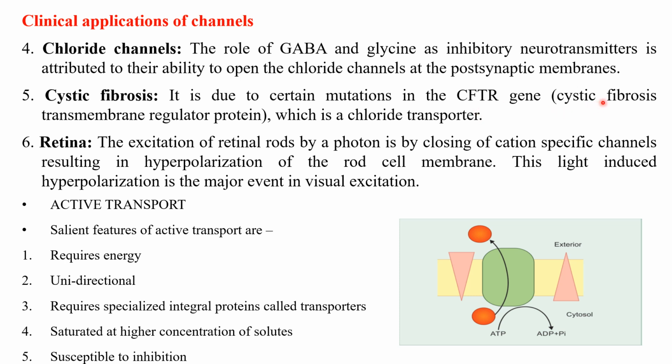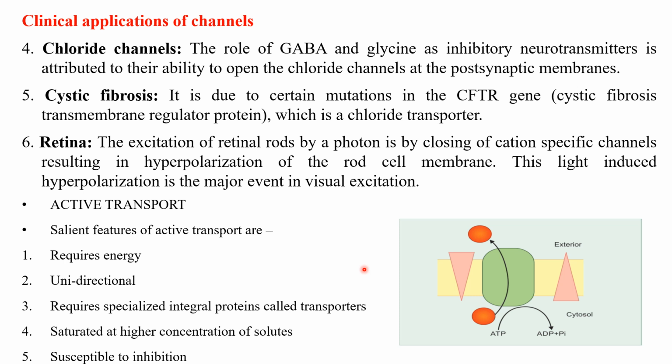Then retina: the excitation of retinal rods by a photon is by closing the cation specific channel, resulting in hyperpolarization of the rod cell membrane. This light-induced hyperpolarization is the major event in visual excitation.